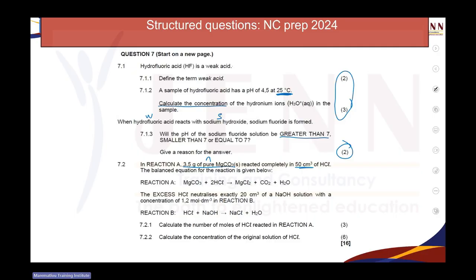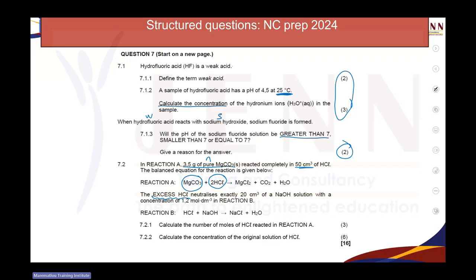It says calculate the number of moles of hydrochloric acid that reacted in reaction A. We already know that hydrochloric acid was in excess, but we want the one that reacted here with magnesium carbonate. Magnesium carbonate in this reaction is our limiting reagent.